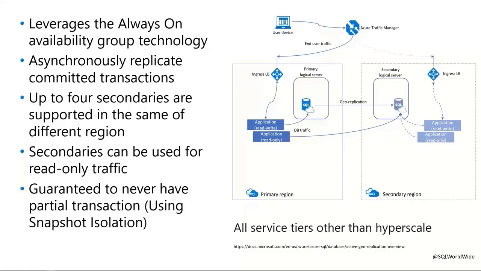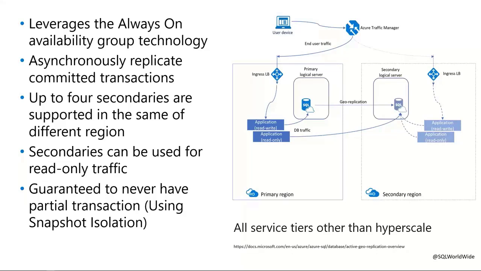Now, this may be a problem for some transactions, right? Because if I want to guarantee that certain transactions at least got hardened, or got written into two different places, what happens if I finish writing in the primary and it's transporting to the secondary, and then my primary fails or something goes wrong?